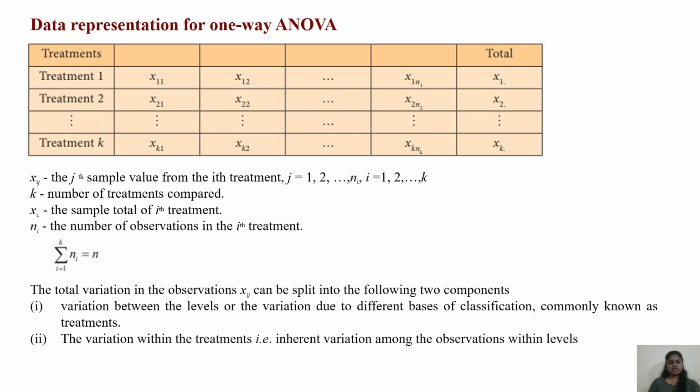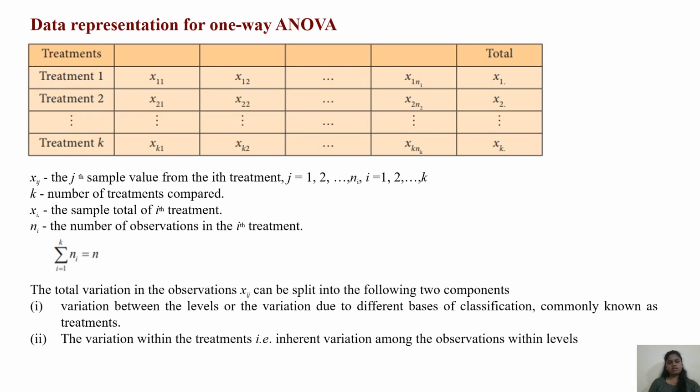Here you can see the entries x11, x12 are the elements of treatment 1 and x21, x22 are the elements of treatment 2, and it follows until k, where i, j are the row and column number or the sample values. K is the number of treatments compared.